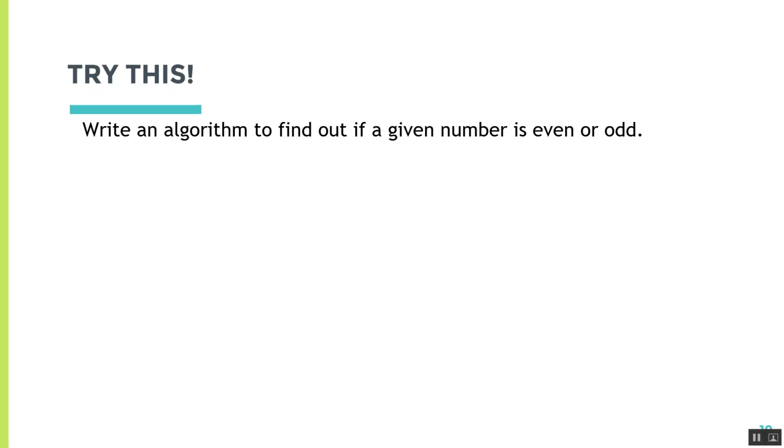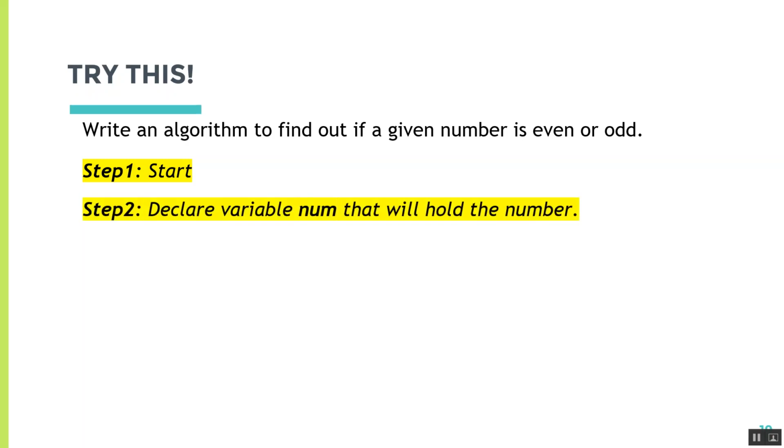Okay, so let's try to answer this algorithm. So first step, start. And then step 2 says here that declare variable num that will hold the number. Again, class, you have to analyze the context of our problem. It says here that write an algorithm to find out if a given number is even or odd.